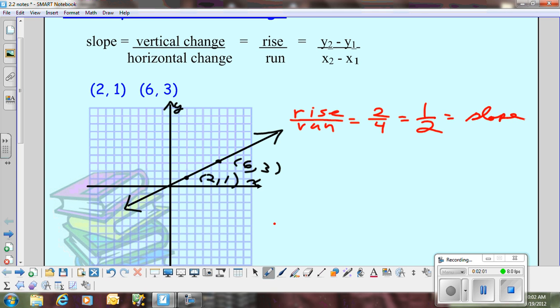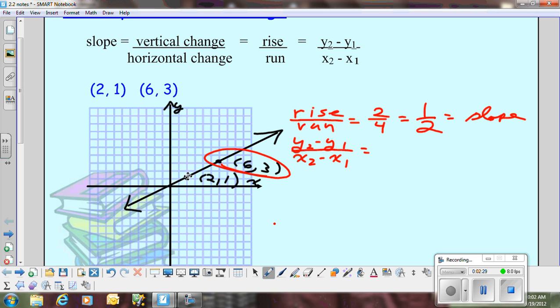Now let's do it using our formula. y2 minus y1 over x2 minus x1 equals. Does it matter which y value I choose first? No, it doesn't matter, except that if you choose one y value first, the same x value has to be first on the bottom.